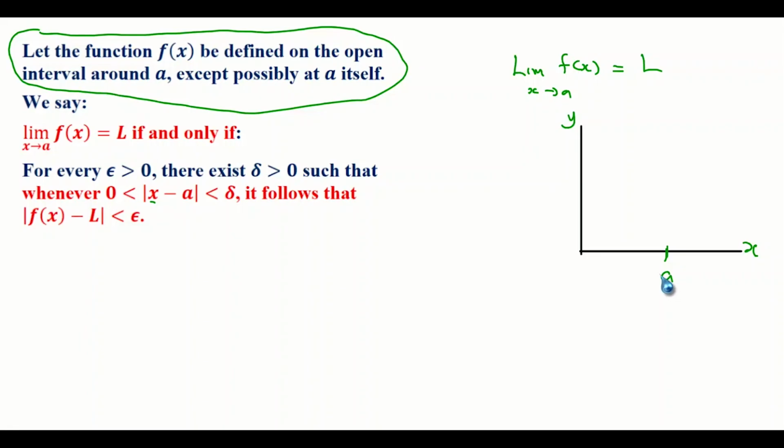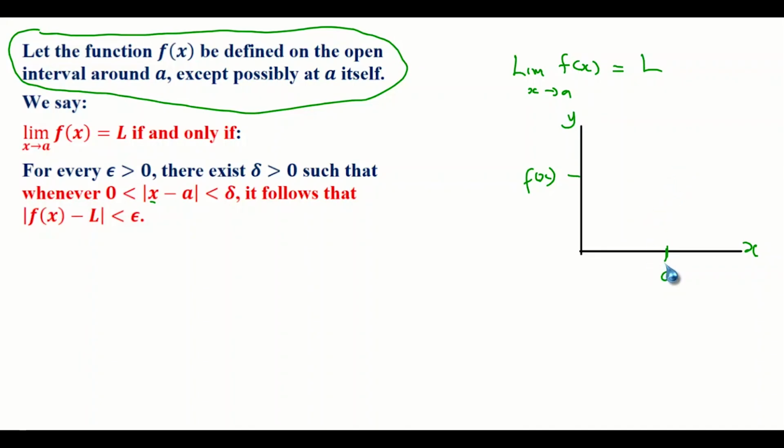If you have a function, let's say this is the function f of x. If the function is defined at point a, you're going to have the output here. If the function is not defined here, you won't have any output here, so there's going to be a kind of gap or a hole or a jump in the graph.